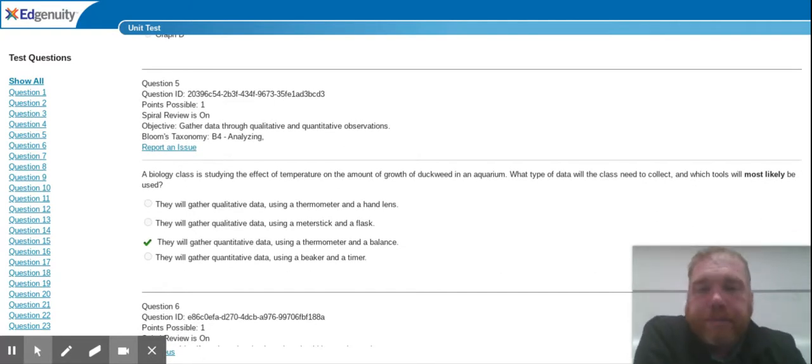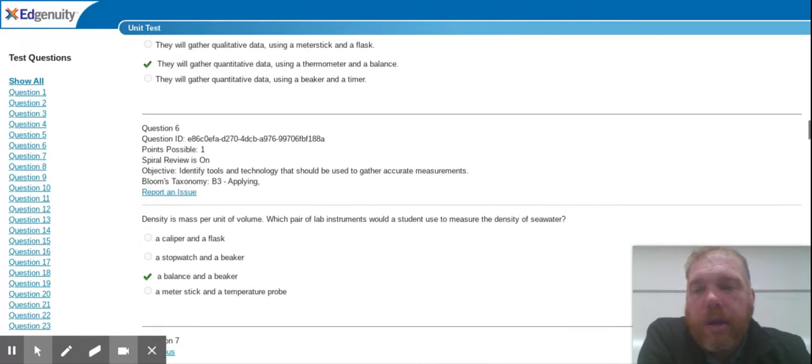Question five. It's wanting to know what tools would be used. And so if I'm going to look at temperature, I have to be using a thermometer. And if I'm looking at amount of growth and I'm going to measure that, that's why it'd be a balance. And that's the third option there.